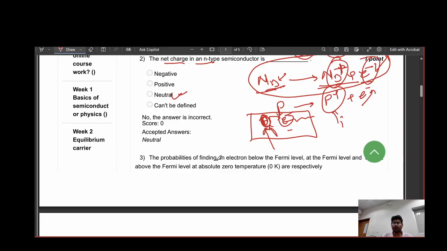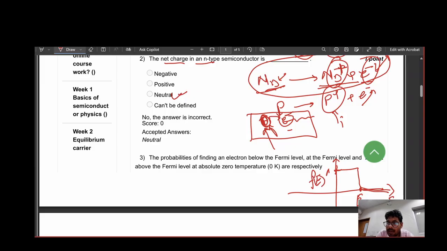So, the probability of finding an electron below the Fermi level, at the Fermi level. What we have seen in this one was at 0 Kelvin. This is the Fermi level, this is energy E, this is EF, and this is 1. This is the F of E graph, the probability.